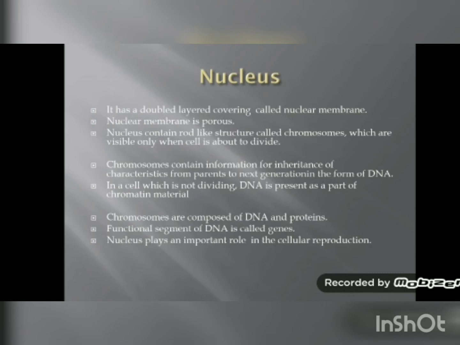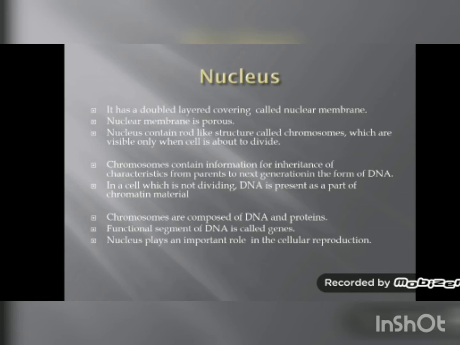So before that, it is present in the form of thread-like structure called chromatin material, and on this chromatin material DNA is present. Now what is the meaning of this? It contains the information for inheritance of characters.